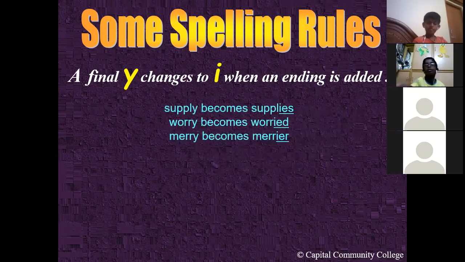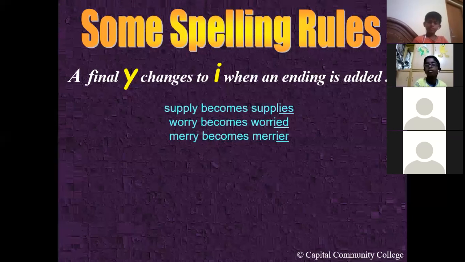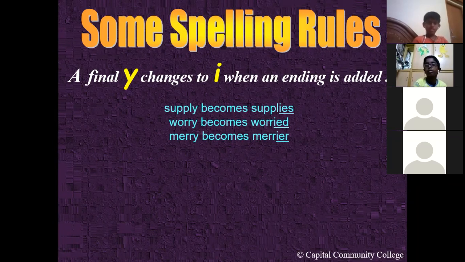Examples. Supply becomes supplies. Worry becomes worried. Marry becomes married. Marry becomes merrier.